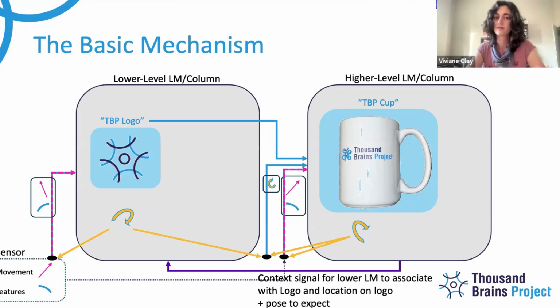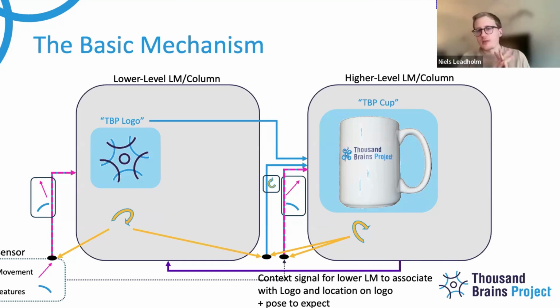So in the context of this diagram, you're predicting a specific location in a specific low-level learning module, but you're also saying, I'm a high-level column, so I see a wide receptive field. A lot of these other columns that are lower down should be seeing the same object, since I'm seeing this object, or rather since I'm at this location.